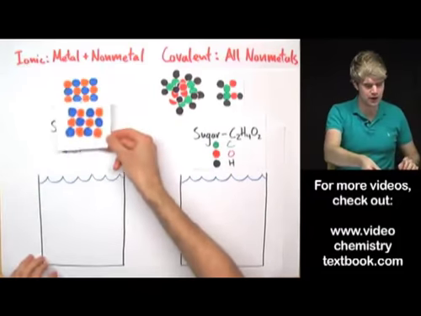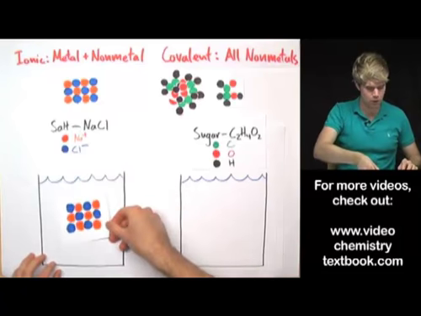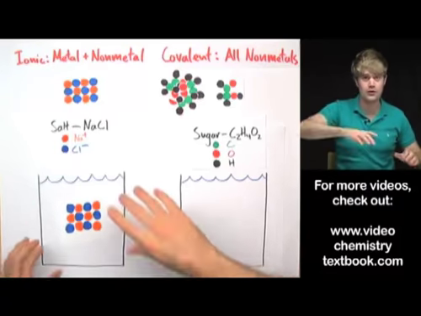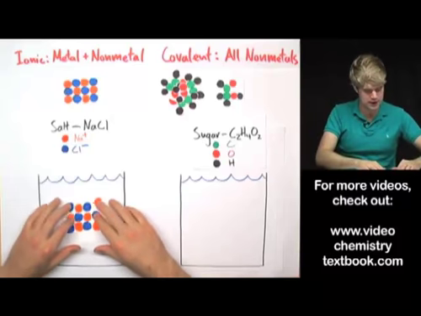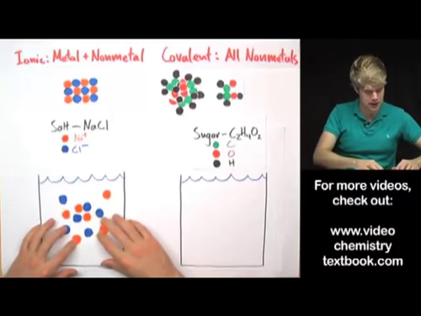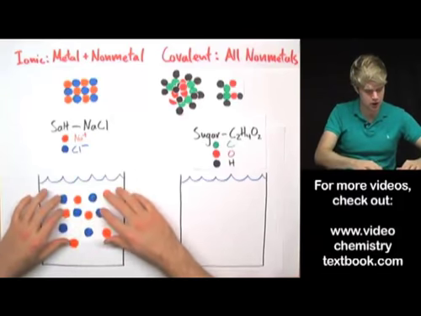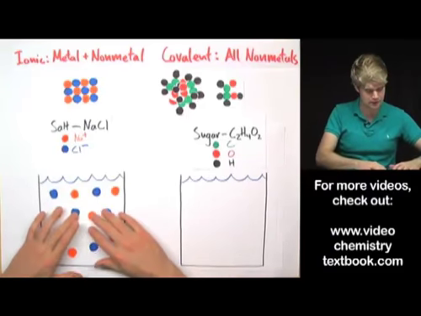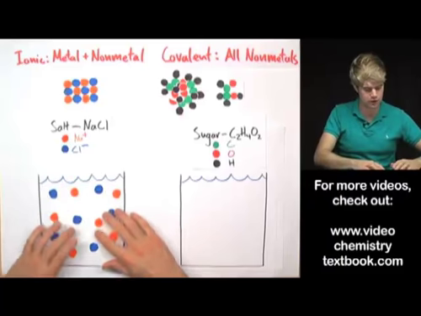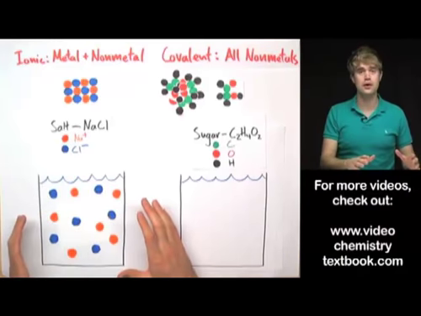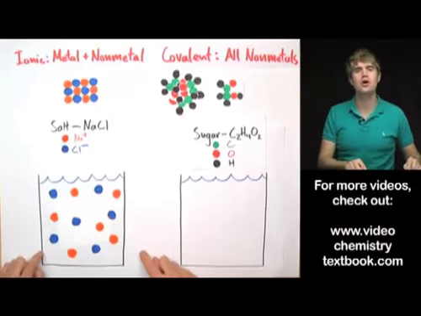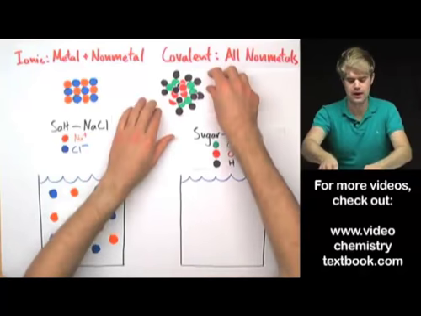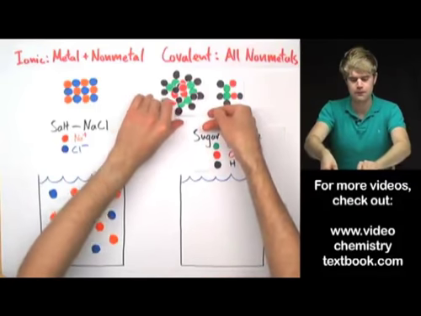We'll take a grain of salt, dip it in the water, and start stirring around. With our atomic vision, we're going to see that the atoms that make up this salt are going to come apart from each other. They're going to break apart, and they're all going to start floating around in the water individually. This is what it looks like when salt dissolves. Okay? Now let's take our sugar.